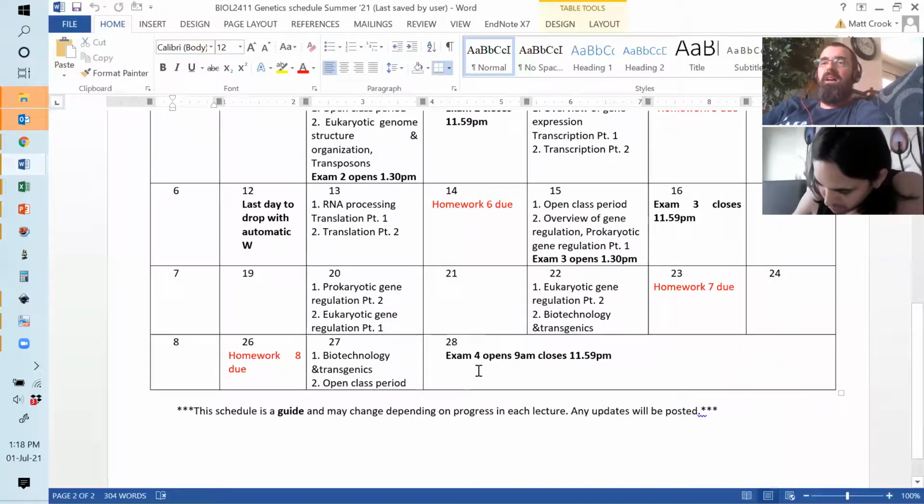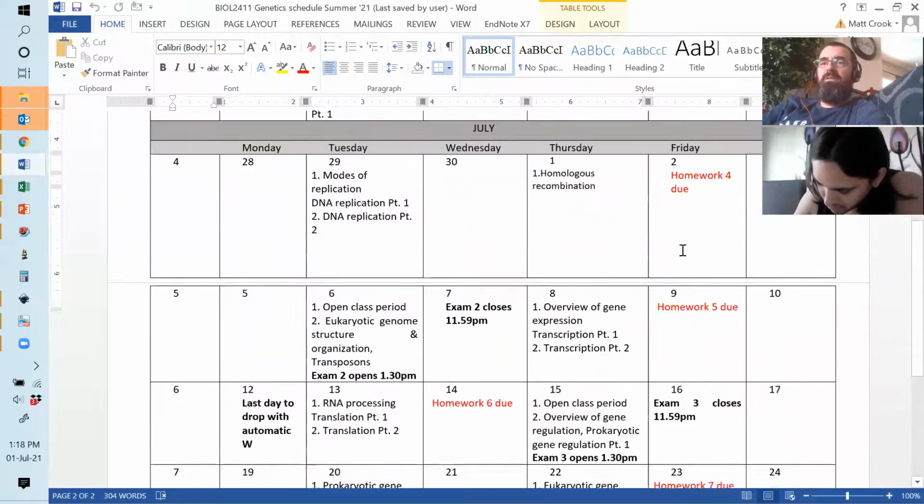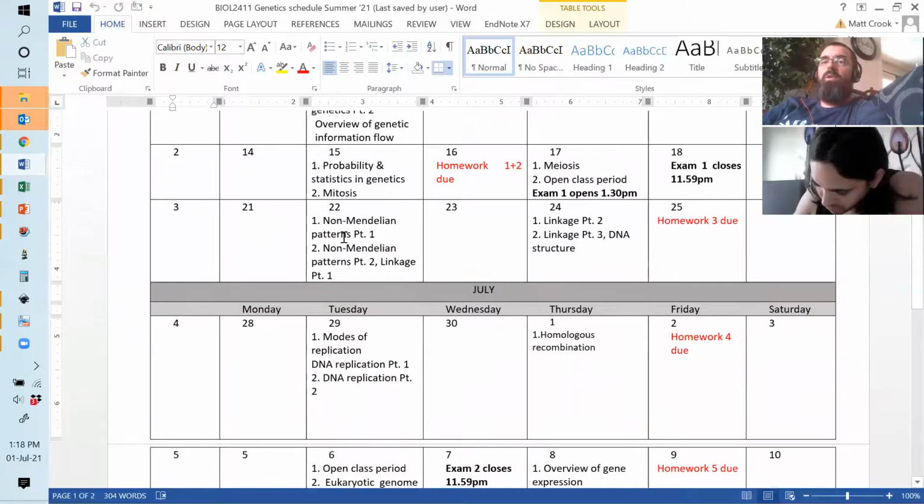Right, so we have all of the non-Mendelian inheritance, linkage, DNA replication, homologous recombination are what will be on exam 2. So there's obviously a bit of a spread there between more inheritance genetics and more molecular biology.